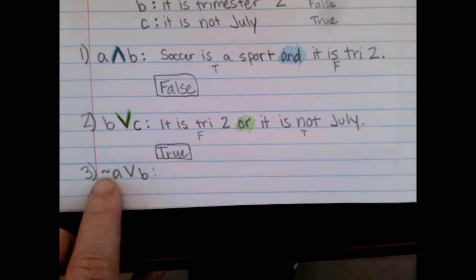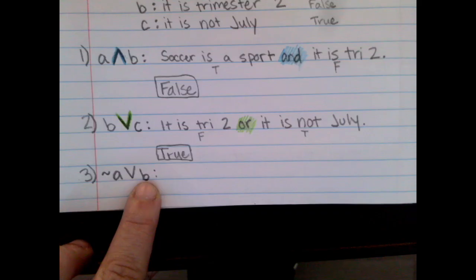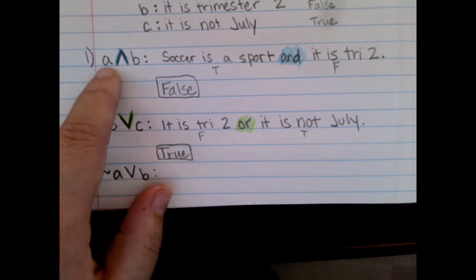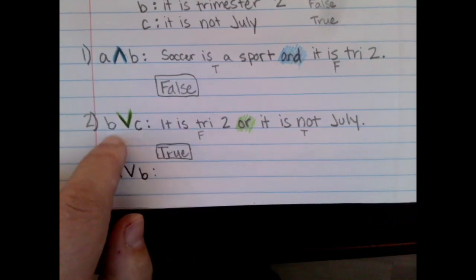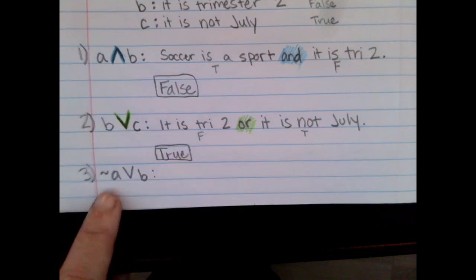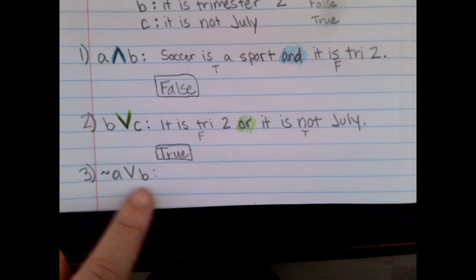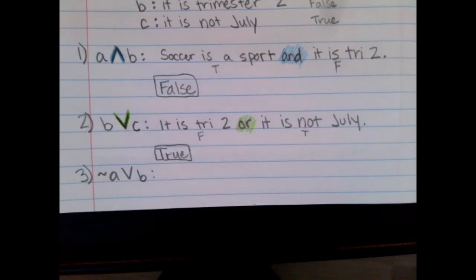We would say this as not A or B. Before, it would just have been A and B or C. This we say not A or B when we're abbreviating it.